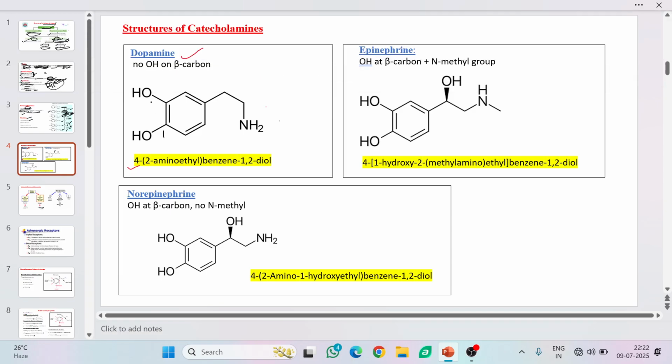Okay, 1, 2. In the IUPAC system, this is also correct, 1, 2, 3, 4, 5, 6. This is also correct, but here, according to the situation, they have changed.